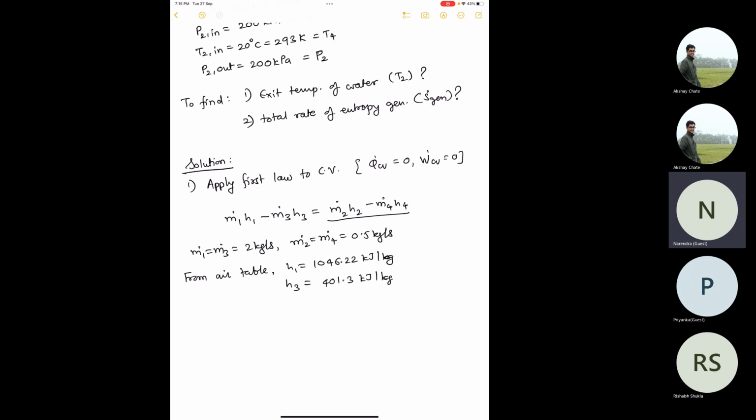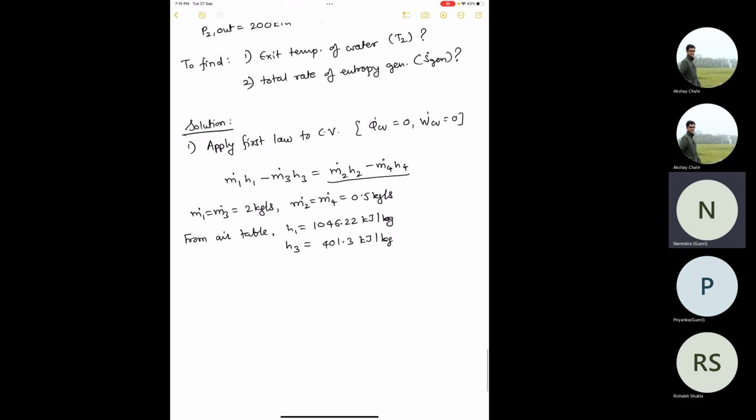And since it's water, it should be matching only. From the steam table, it will be 83.94 kilojoule per kg. And if you do it the other way, 4.186 into 293, no, sorry, 4.186 into 20.